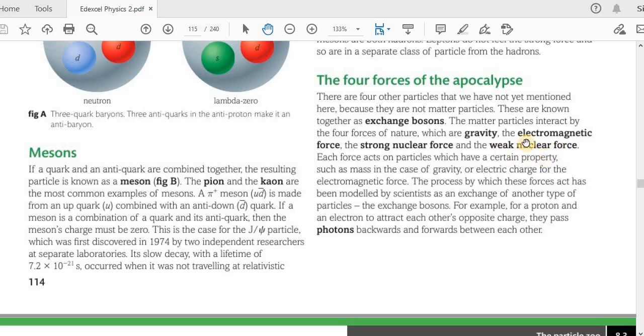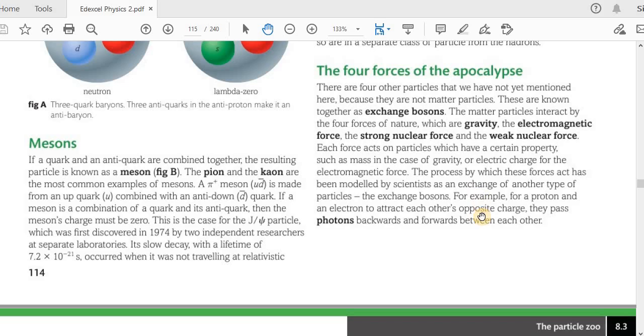Each force acts on particles which have a certain property, such as mass in the case of gravity, or electric charge for the electromagnetic force. The process by which these forces act has been modeled by scientists as an exchange of another type of particle, the exchange bosons.